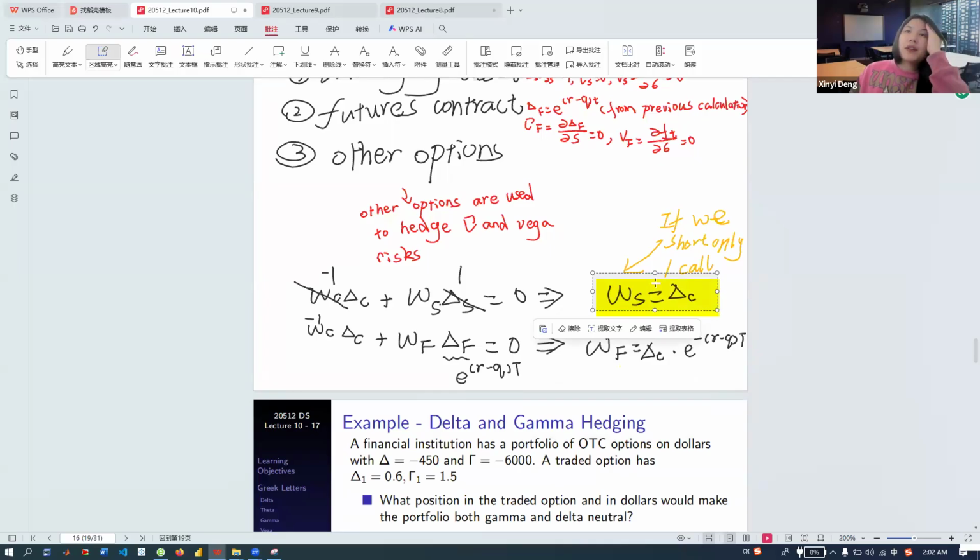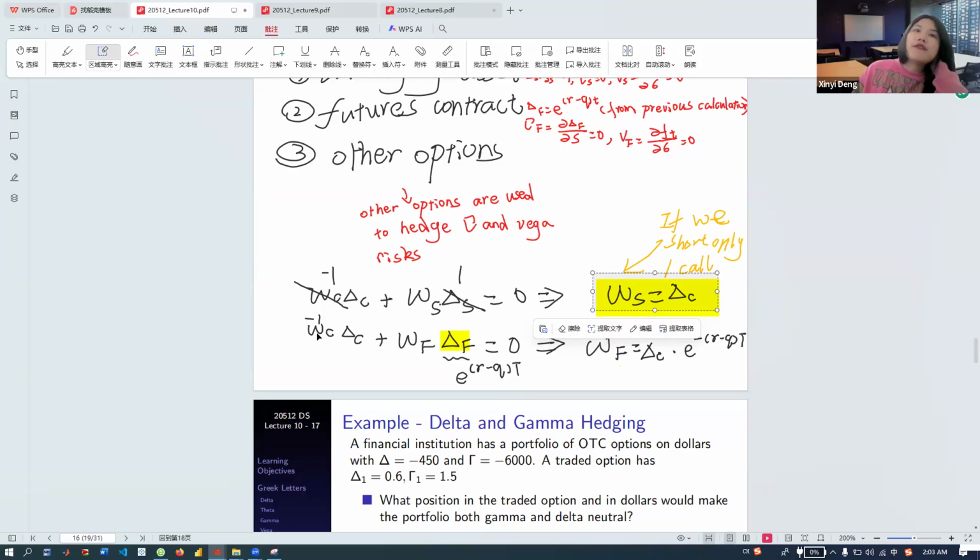Also under the assumption of shorting only one call, we can write out, if we hedge with futures, WC times delta C plus WF times delta F is equal to 0. And we just assume delta C is equal to -1, right? We're just shorting one call. And we already know that delta F is equal to e to the power of open bracket R minus Q close bracket times T. So based on that, we can now solve for WF.